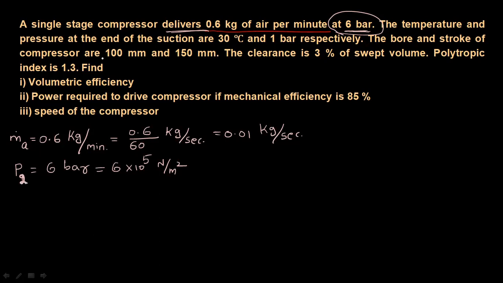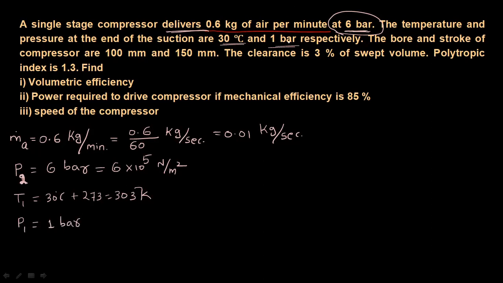Next, the temperature and pressure at the end of suction are 30 degrees Celsius and 1 bar. So the temperature at the suction process is 30 degrees Celsius. If we add 273, you will get 303 Kelvin, and the pressure during the suction process is 1 bar.